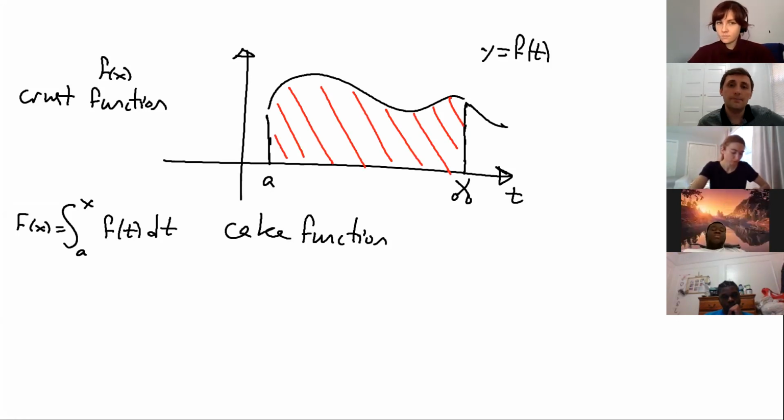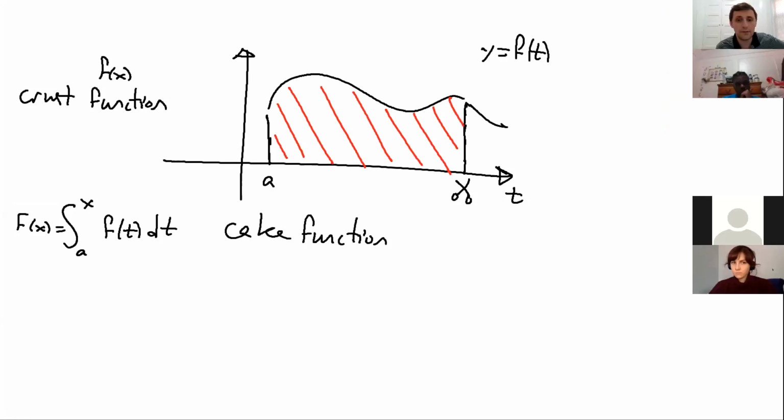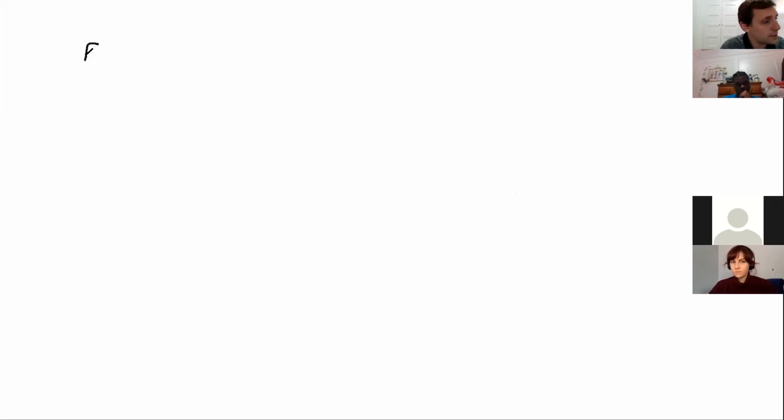Okay, guys? So let's do a very easy comprehension check. For this function, F of x equals the integral from a to x of f of t dt.